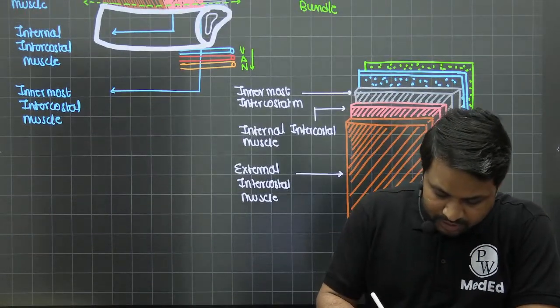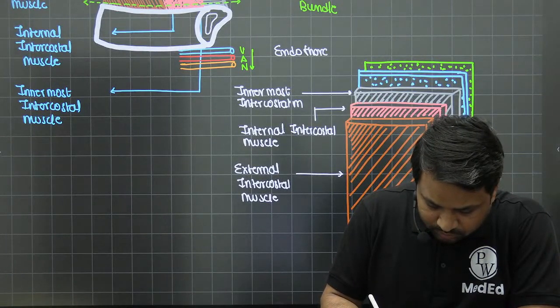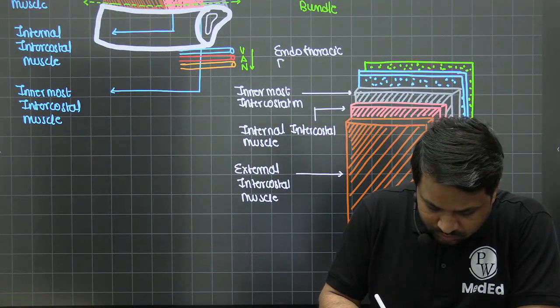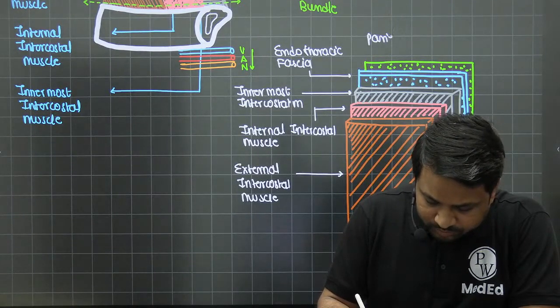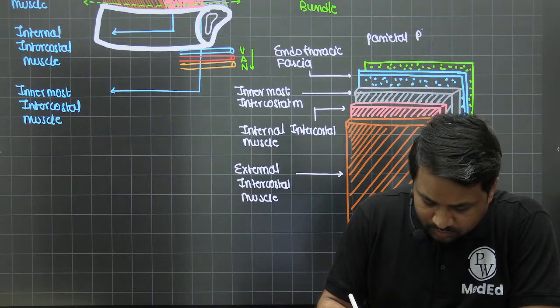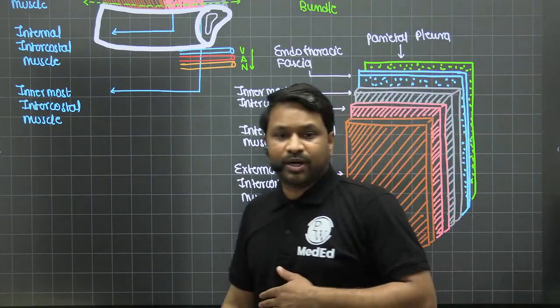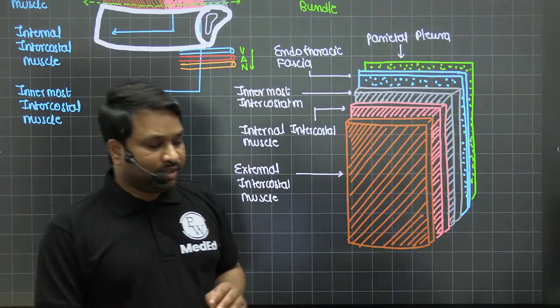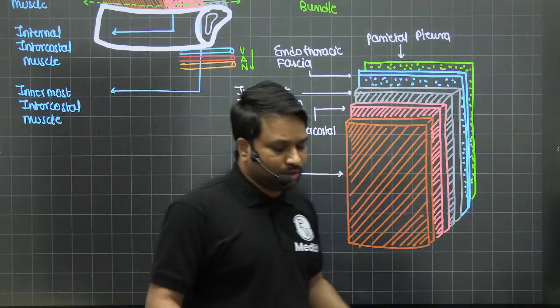Then you have the endothoracic fascia. And then you have the parietal pleura, right? So these are the various layers that you have to pierce in order to enter into the thoracic cavity.